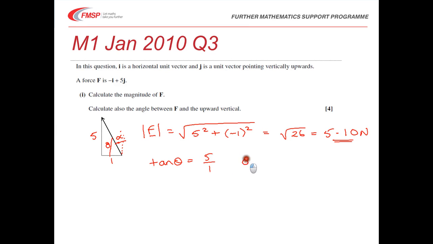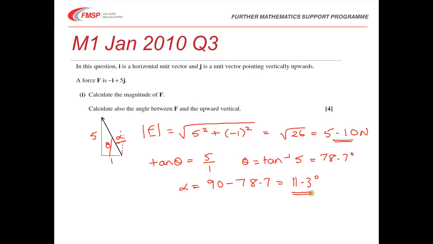And if we do inverse tan, we'd have theta is the inverse tan of 5. And if you get your calculator, that works out to be 78.7 degrees. So that's this larger angle here. So the angle with the vertical, alpha, would be 90 minus 78.7, and that works out to be 11.3.